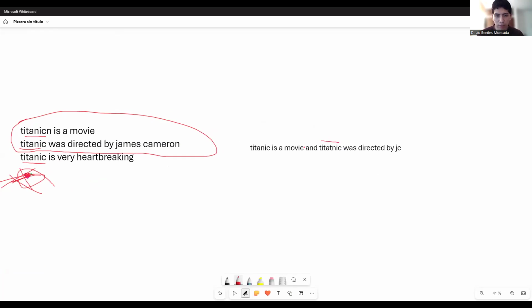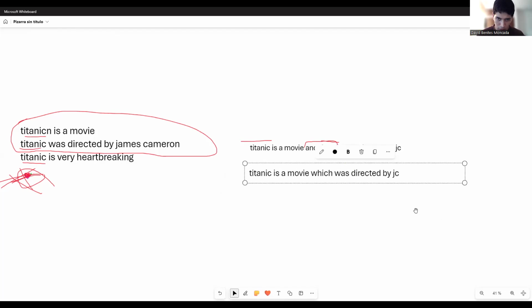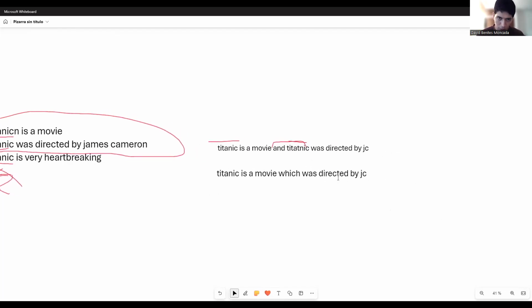So you replace Titanic in the second sentence. Titanic is a movie, which was directed by James Cameron, right? You see, Titanic is a movie, which was directed by James Cameron, right?